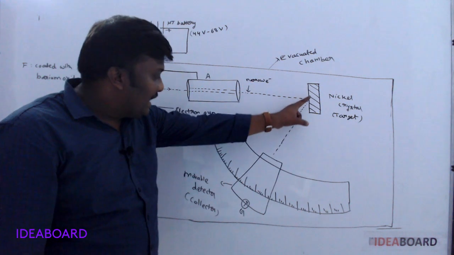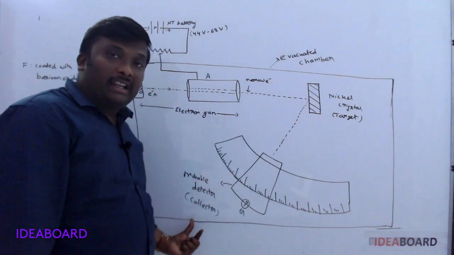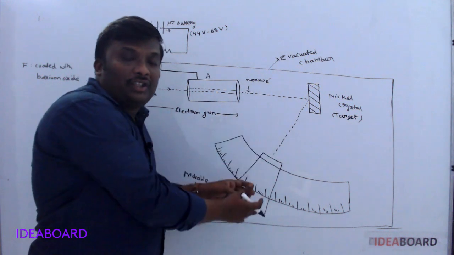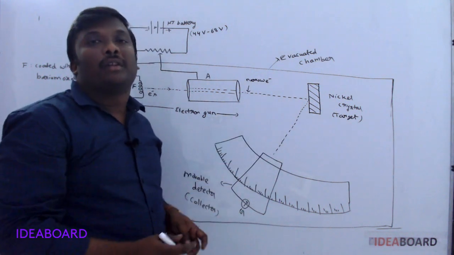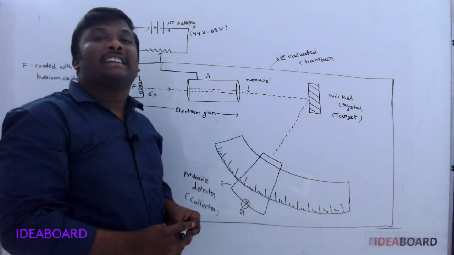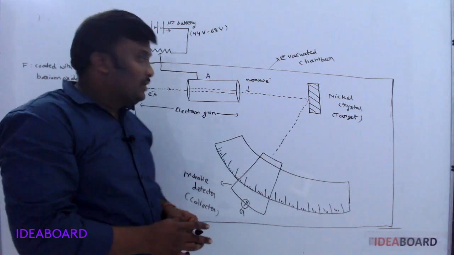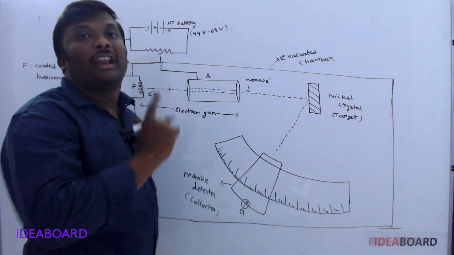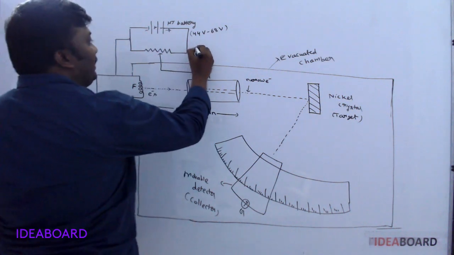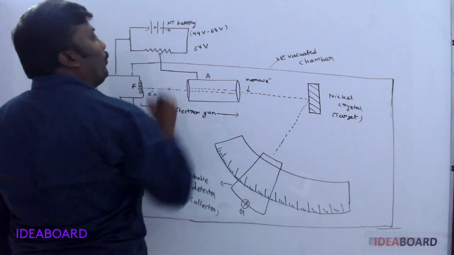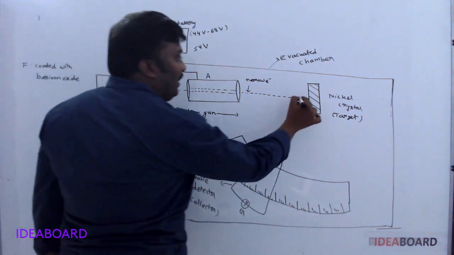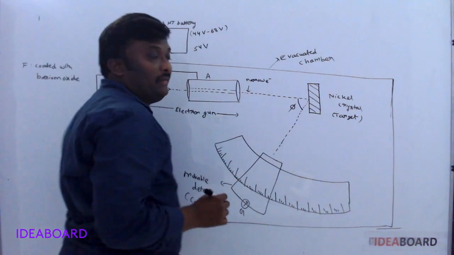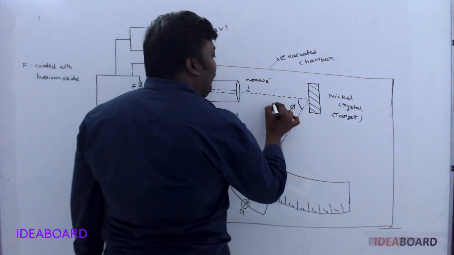Because these electrons are reaching the collector. The number of electrons reaching indicates the current, or the intensity of the radiation. At different angles, they particularly found at 54 volt that the scattering angle phi is 50 degrees.